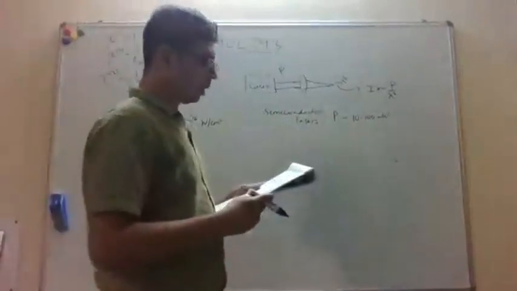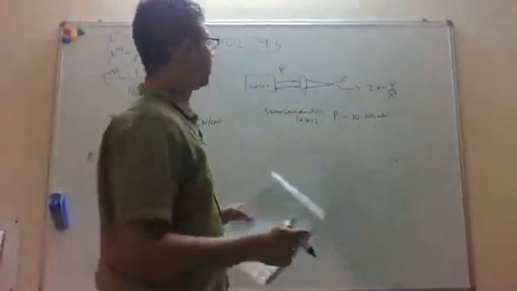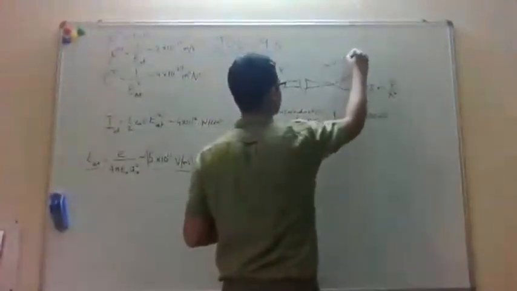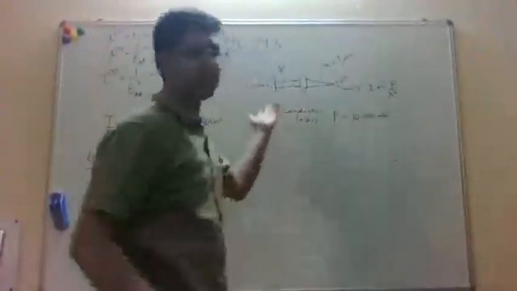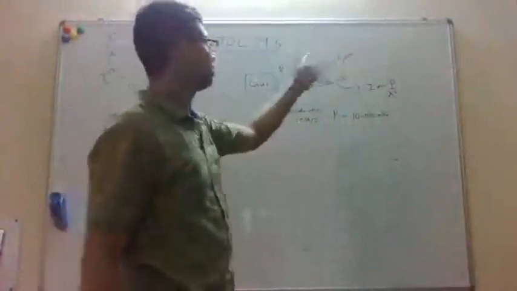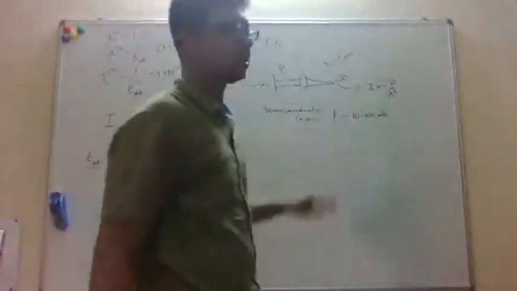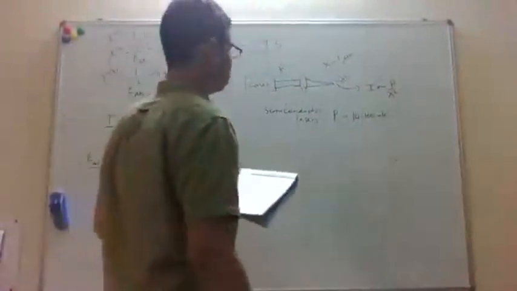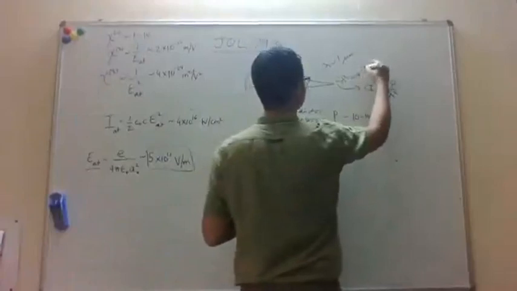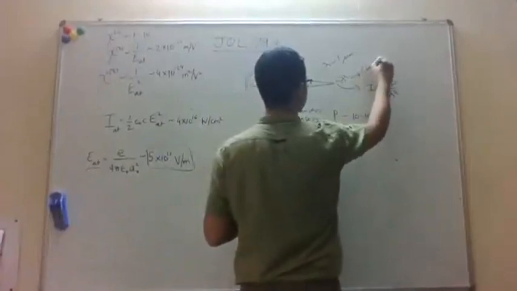And let's assume, just for simplicity, a wavelength around a micron. Of course, you can have a range of wavelengths, all the way across the visible or IR, but just to take a representative number, let's say the wavelength is around a micron. So the spot size here is like a micron square.